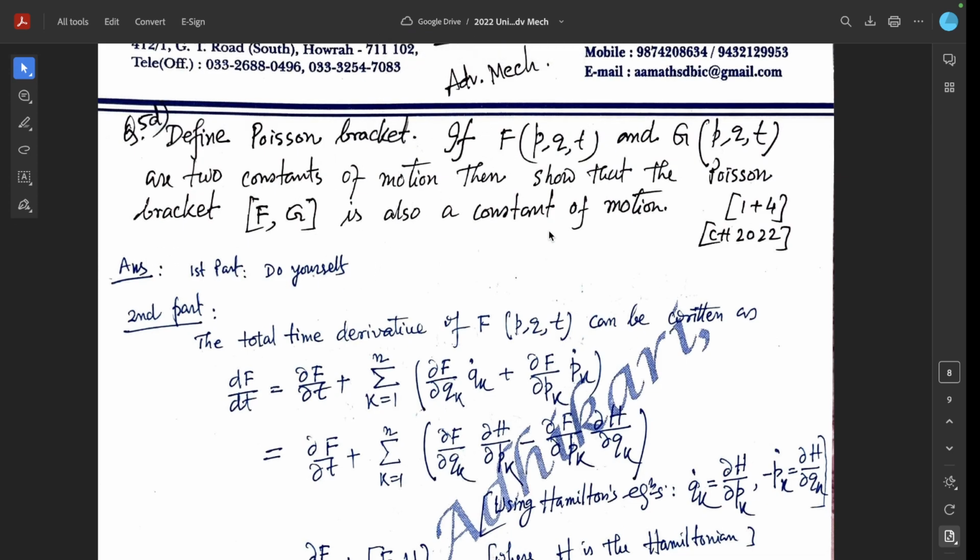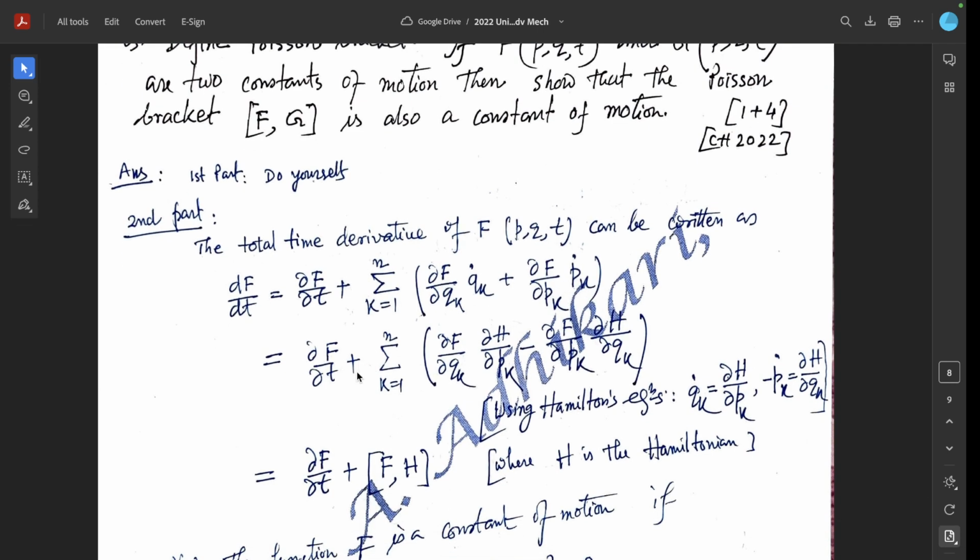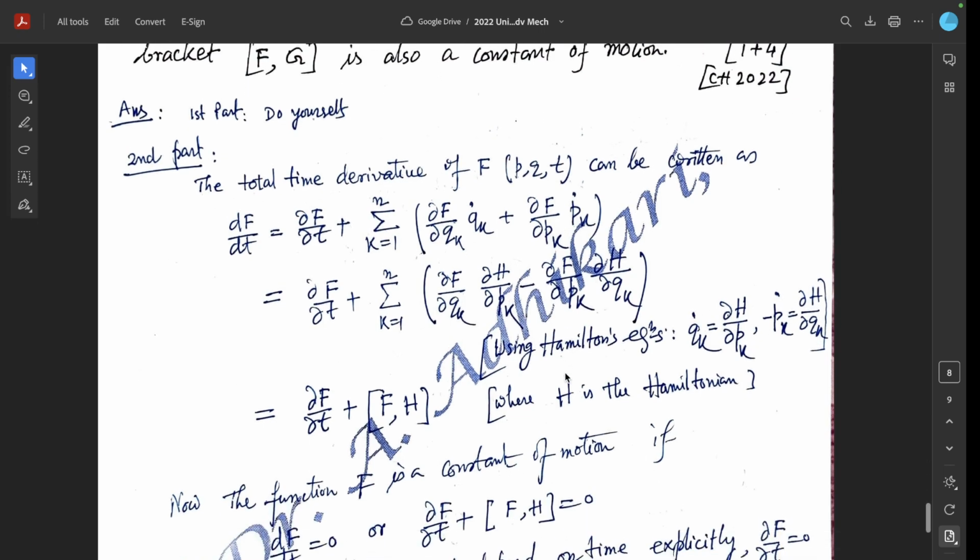And second part, the total time derivative of f can be written as df/dt equal to del t f plus summation k equal to 1 to n of (del qk f) q dot plus (del pk f) pk dot. Then qk dot equals del pk h, and pk dot equals minus del qk h.